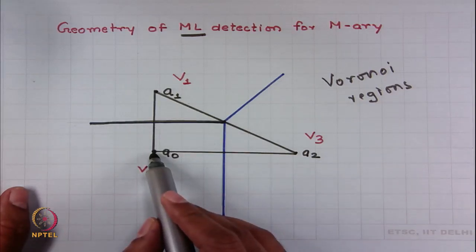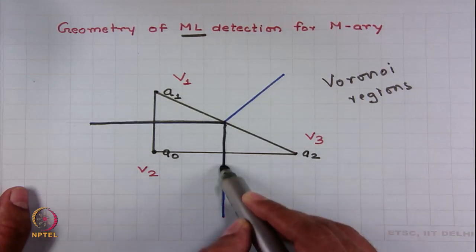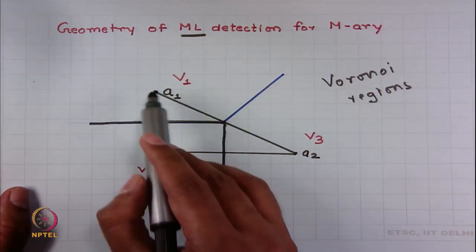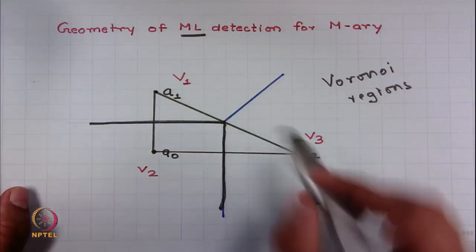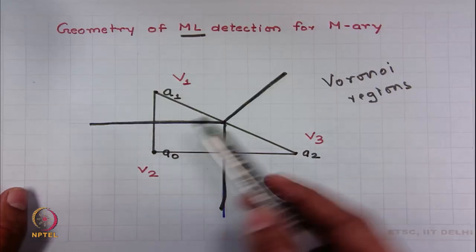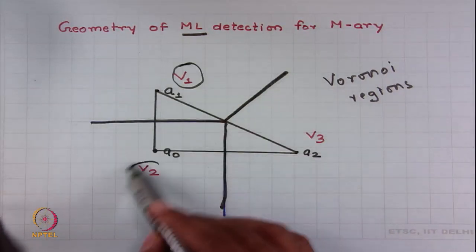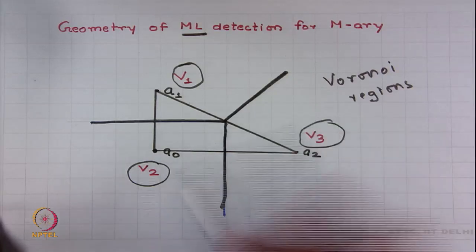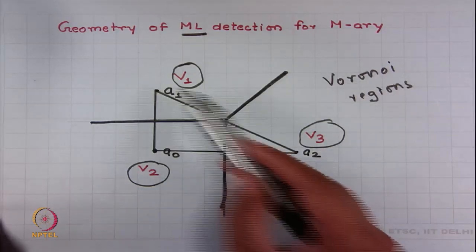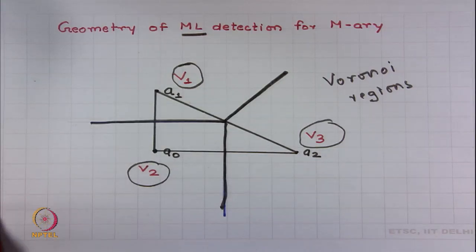I can consider signals A0 and A2, and I get this perpendicular bisector. I can consider signals A1 and A2 and I get this perpendicular bisector. So, I now get 3 Voronoi regions V1, V2 and V3. Voronoi regions are the regions formed by drawing perpendicular bisectors between signals.